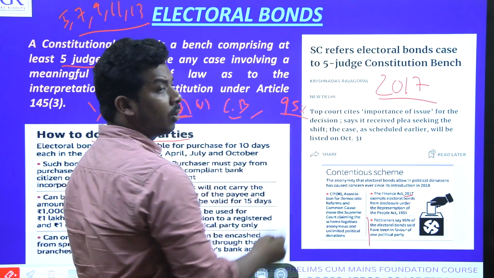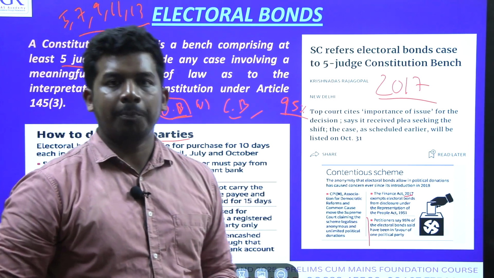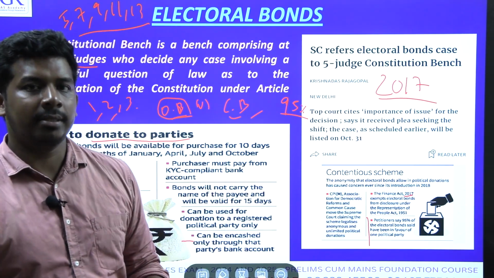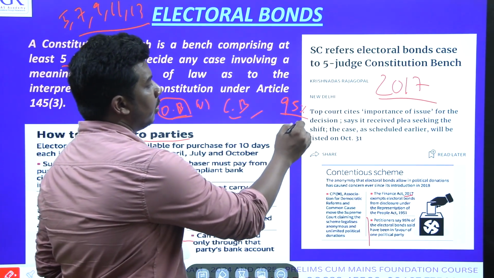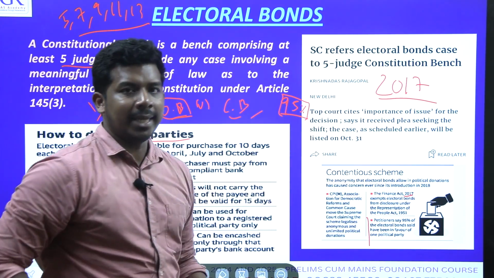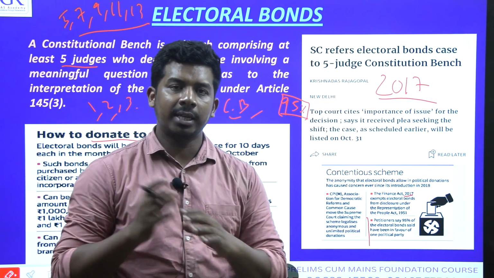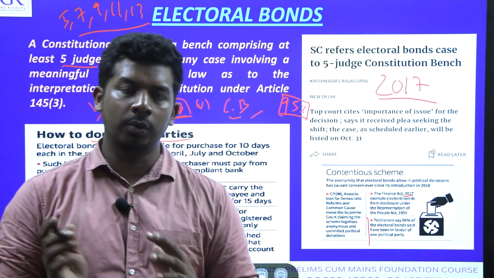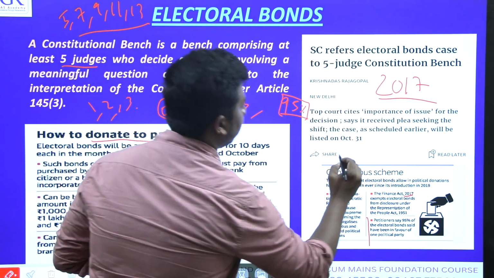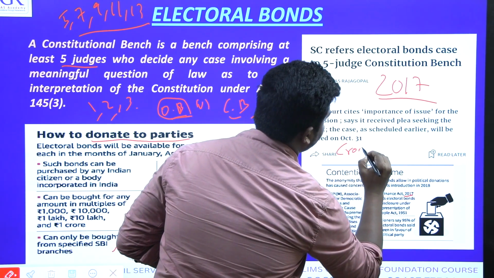Who are these donors? Usually they are corporates. Big parties, I don't want to name them, usually donate money to the political parties. Obviously there will be a communication between those two, so it will lead to something called crony capitalism.